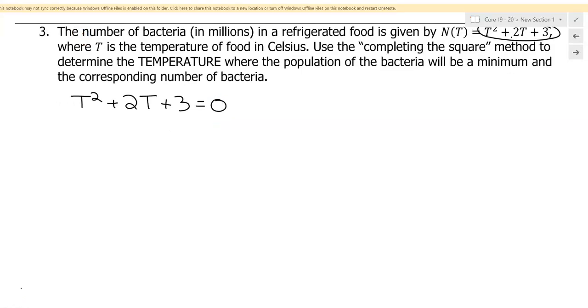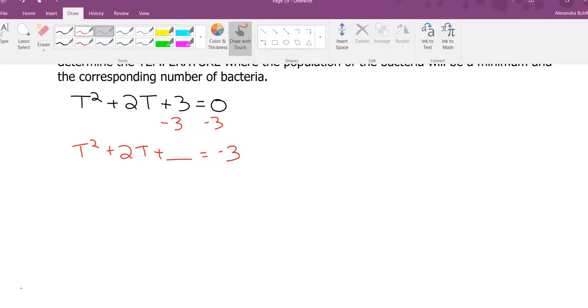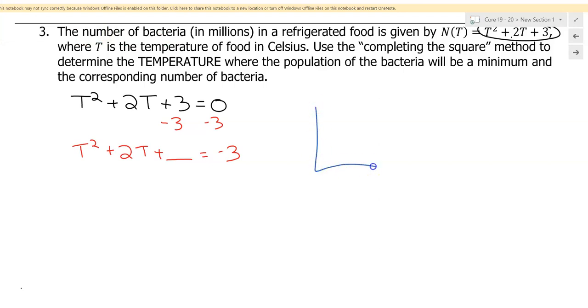So the first thing we're going to do is subtract that 3 from both sides. And now we have t squared plus 2t plus blank equals 0 minus 3, which is negative 3. I'm going to do my completing the square.